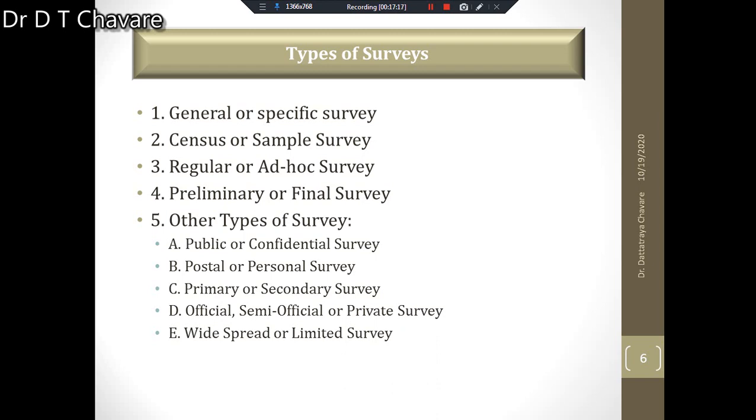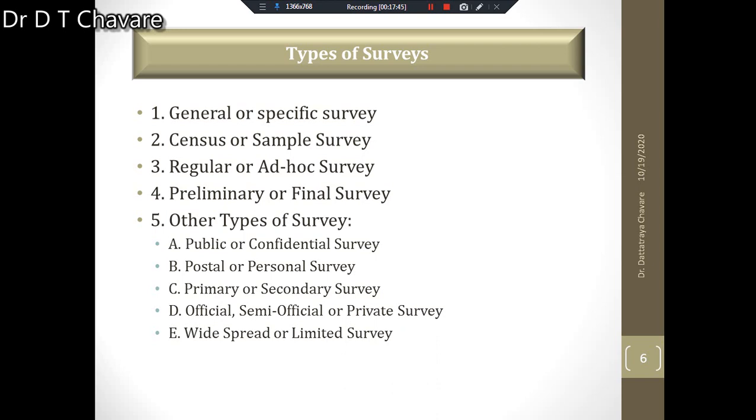It is conducted for collecting general information of any population or phenomena without any hypothesis. For example, the economic survey of India, the survey of the Indian banking system, the survey of management research in India. Such types of surveys can be conducted.